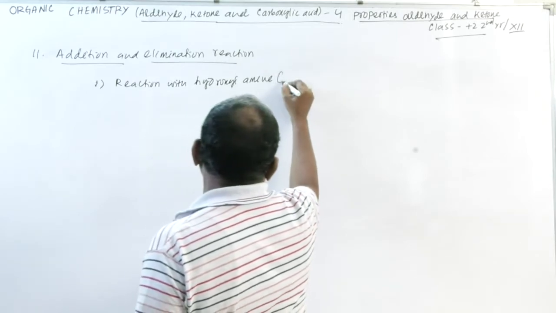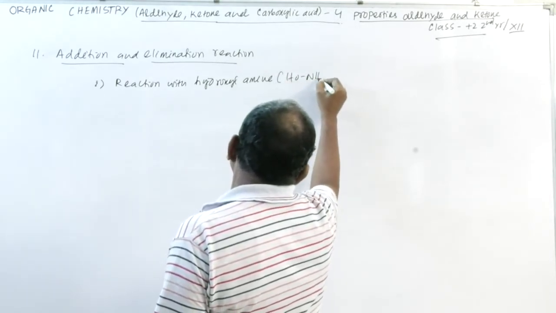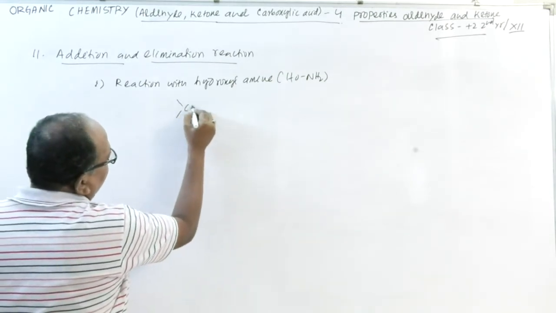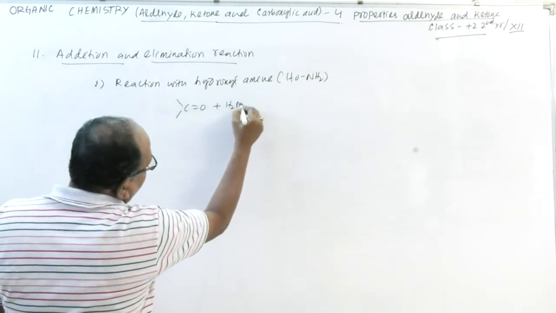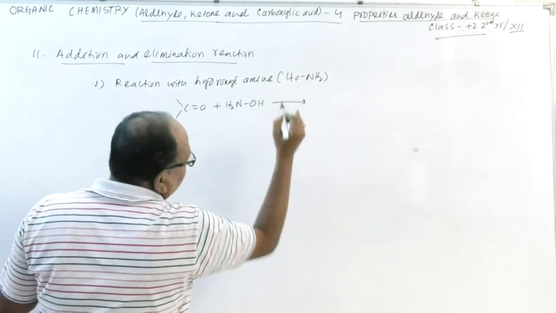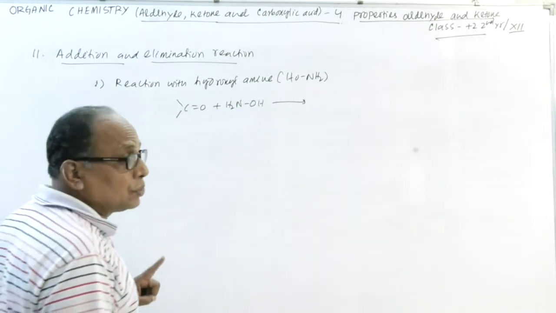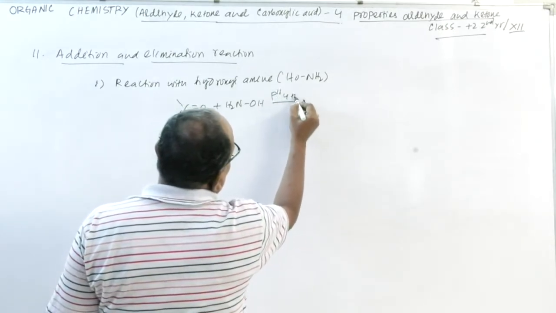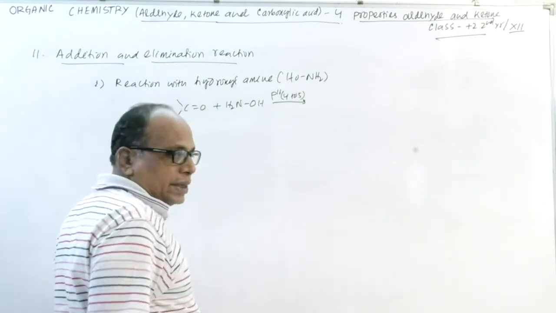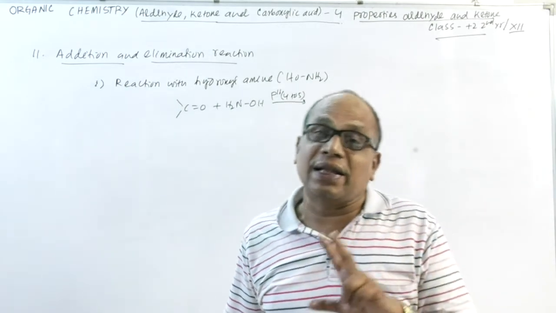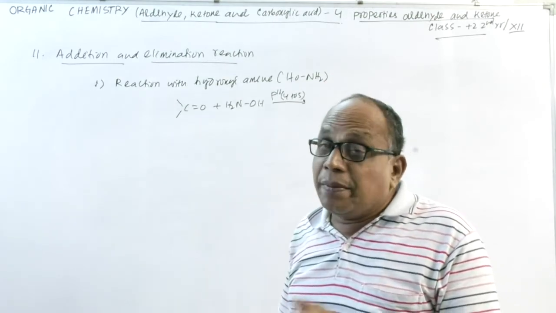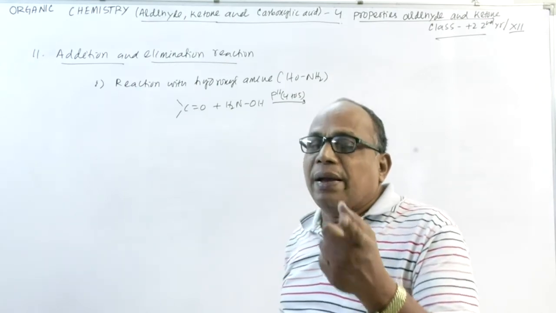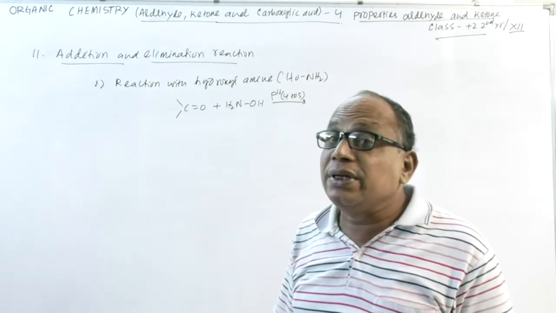What is hydroxylamine? HO NH2. For the carbonyl compound that reacts with hydroxylamine, the pH should be maintained at 4 to 5, that means slightly acidic in nature, not more acidic and not basic, because the ammonia derivative would be deactivated.